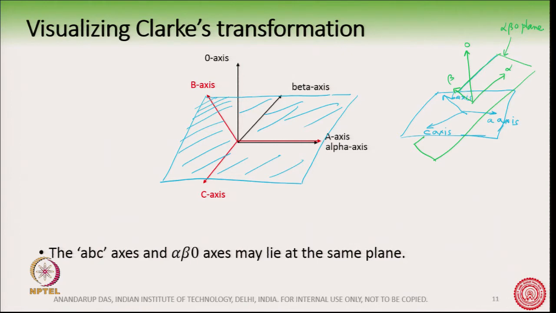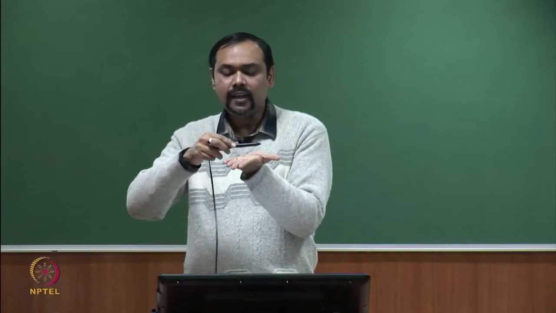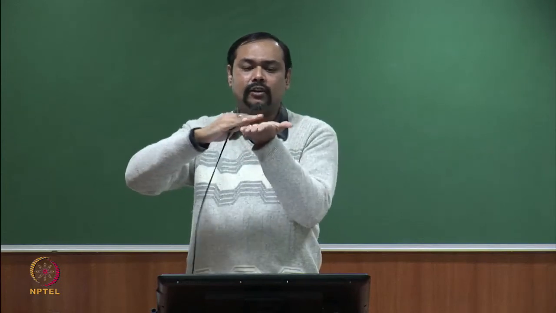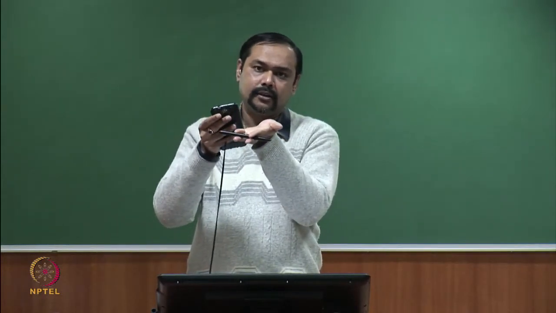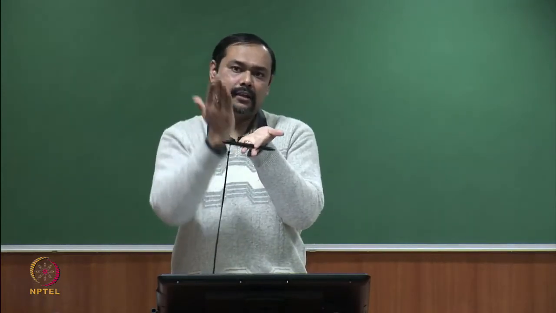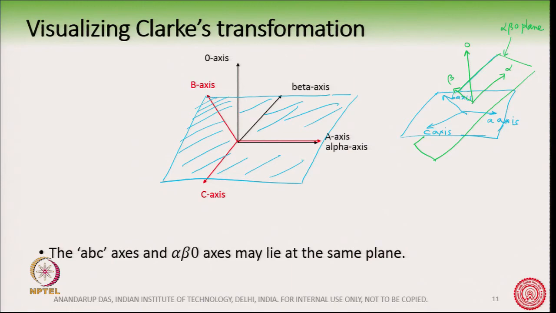So, I am trying to visualize the whole thing. There are two planes. You can visualize it this way: this is the ABC axis, in which the A axis, B axis and C axis are on my hand here. Now, the alpha, beta, 0 plane is somewhere here, and this plane is maybe at a certain angle to the ABC axis.